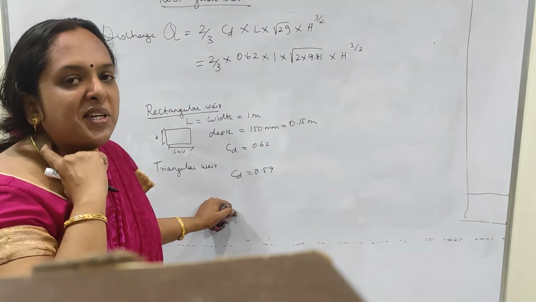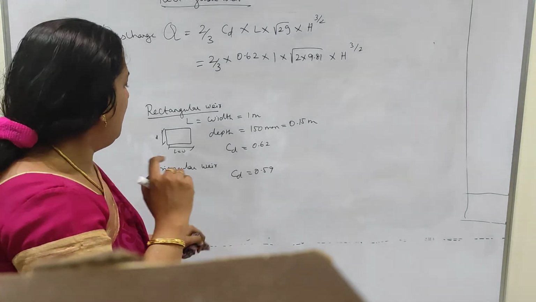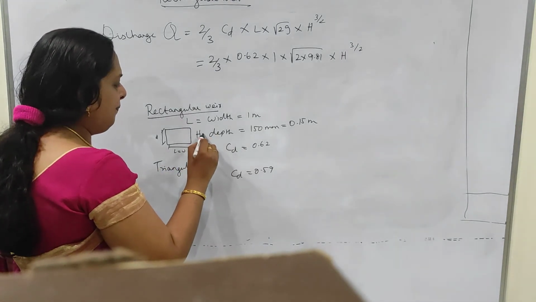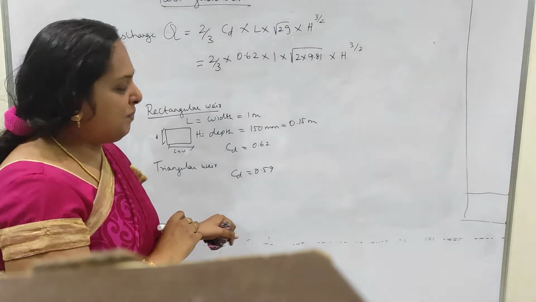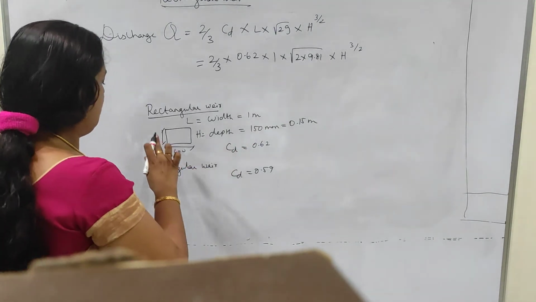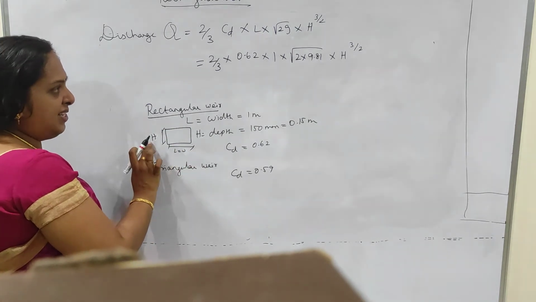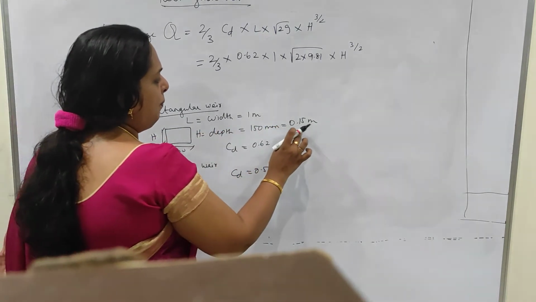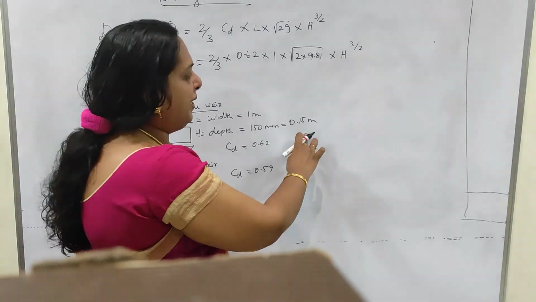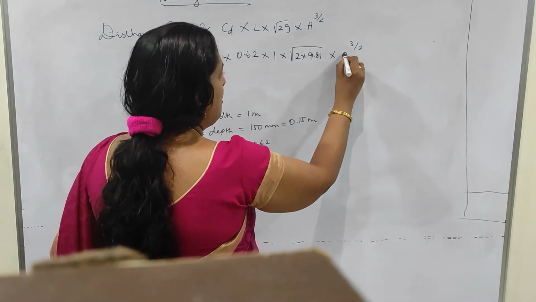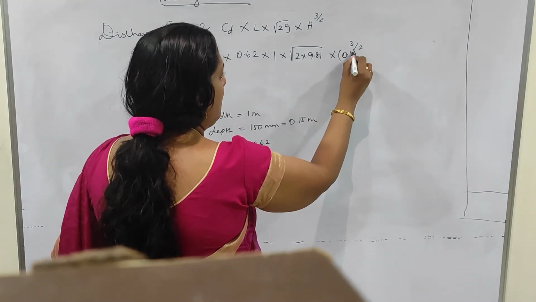What is h? H is also given in my problem. H is my depth, 150 mm. The width is given as length and the depth is given as h, so this will be 0.15 meter, and 0.15 to the power of 3/2.